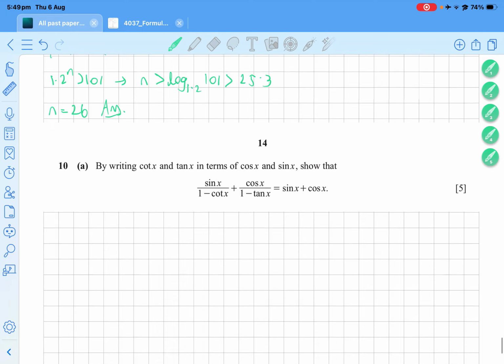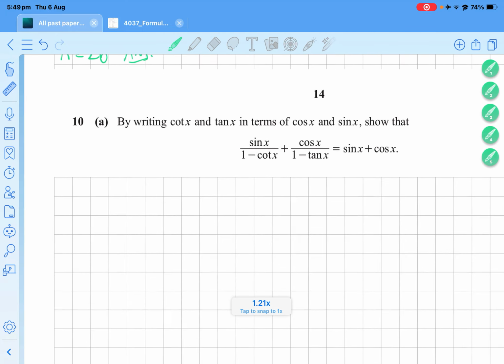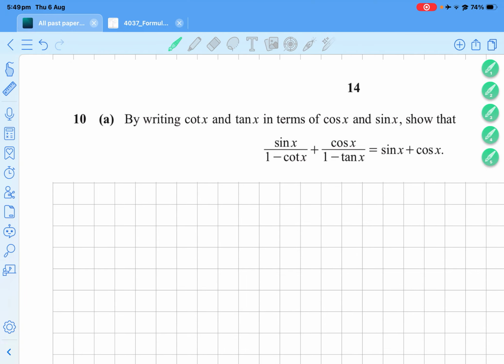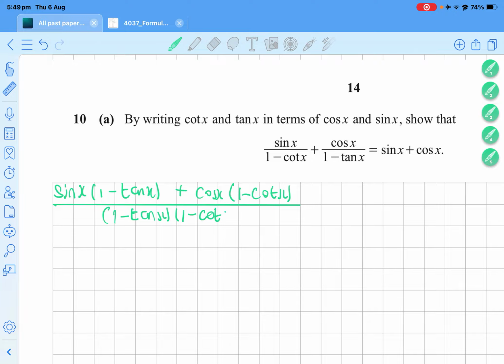By writing cot and tan, this can be written as sin x over 1 minus tan x plus cos x over 1 minus cot x. So first thing, cross multiply. And this is sin x into 1 minus cot x, and then I have cos x into 1 minus tan x. If I divide, I want to divide the whole thing by 1 minus tan x into 1 minus cot x.